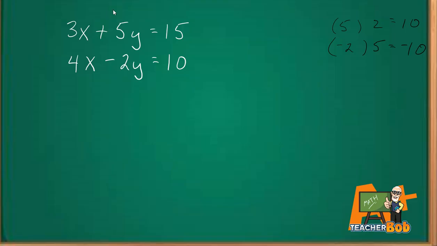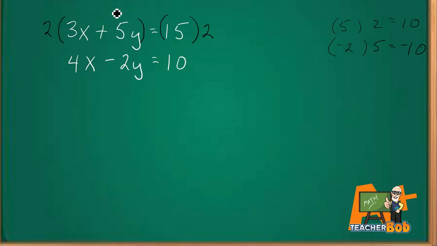That is what we're going to do with these two equations, and we're going to multiply everything out, not just our y terms. So I'm going to make the y term in the first equation 10y. So we know we have to multiply 5 by 2, so we're going to multiply the whole expression here, 3x plus 5y. And what we do to one side of the equation, we have to do to the other to maintain that equality.